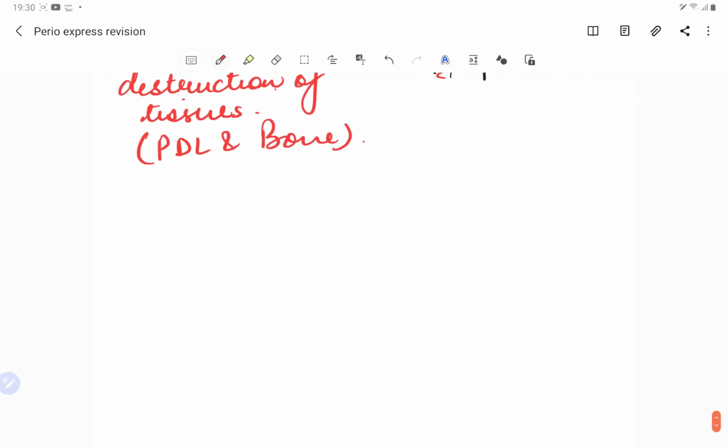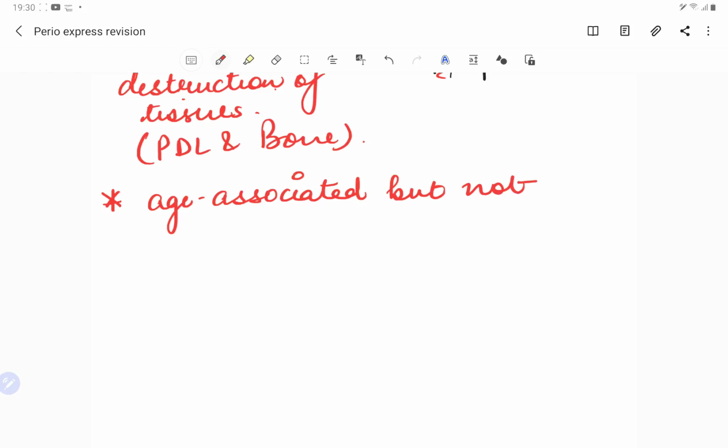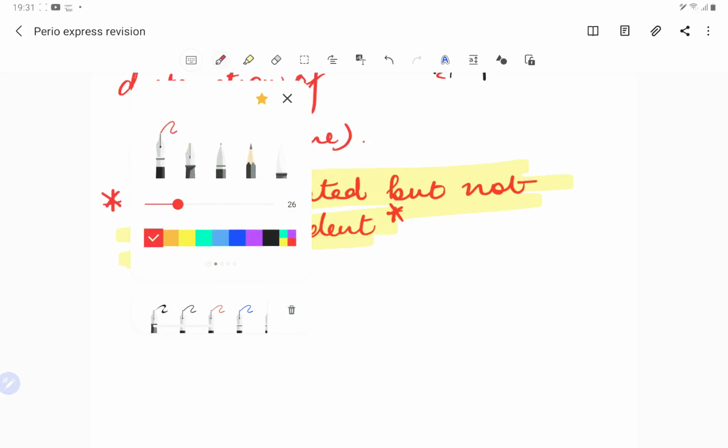So it should be understood that it is an age-associated disease. It is associated with age, but not dependent on age. So chronic periodontitis is associated with the age, but it is not age dependent.